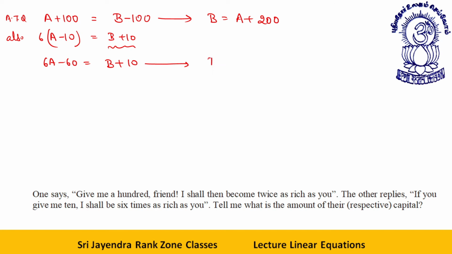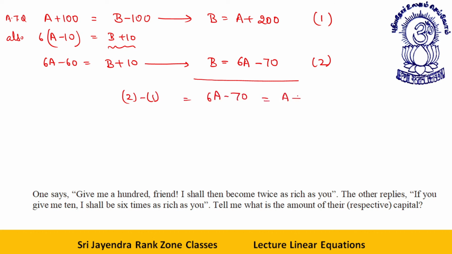From here I can say B is equal to 6A minus 70. Okay, clear? Now, let's say this is the first equation, this is the second equation. If I do second minus first, what I'll get? 6A minus 70 is equal to A plus 200. Why? B to B will cancel.